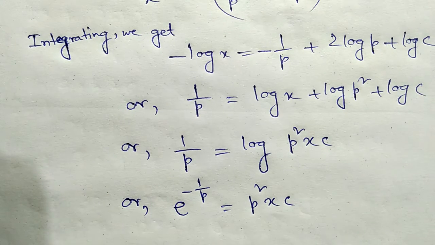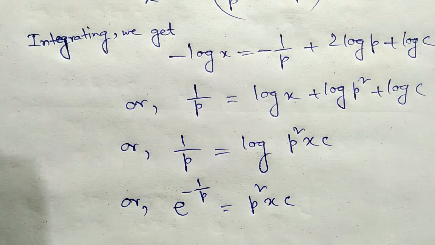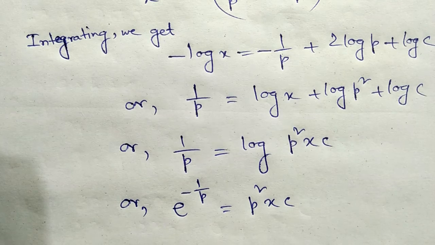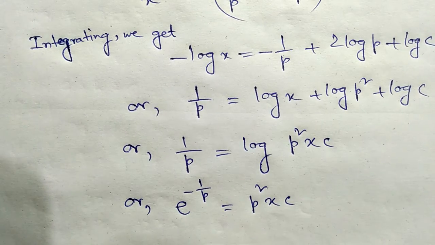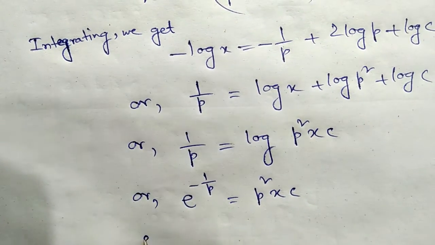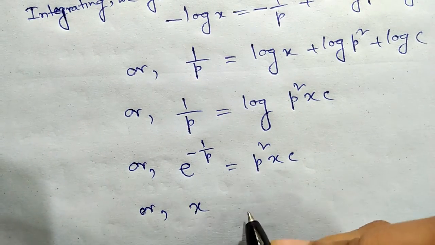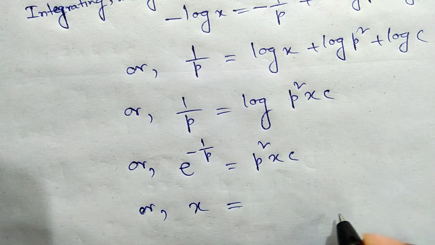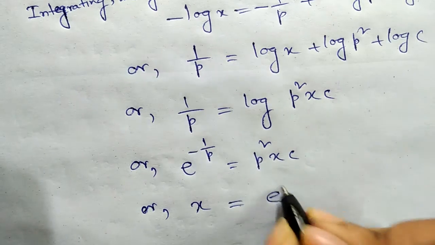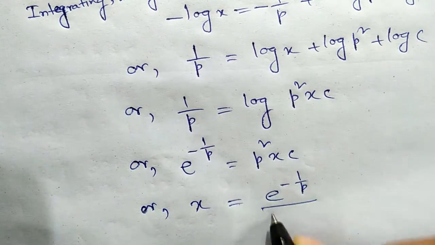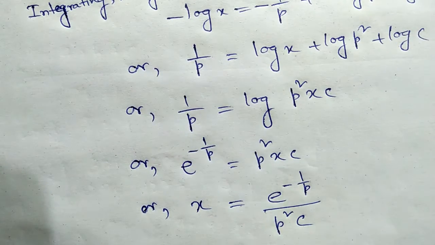Then from here we get the value of x. So x equal to e to the power minus 1 by p by p square c.